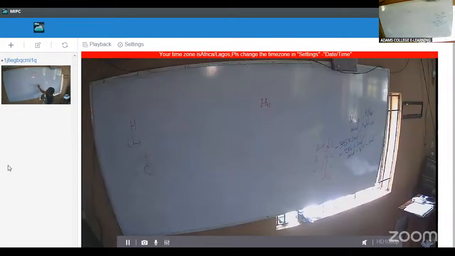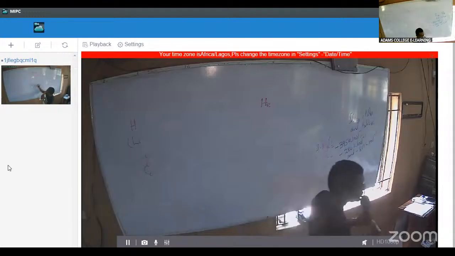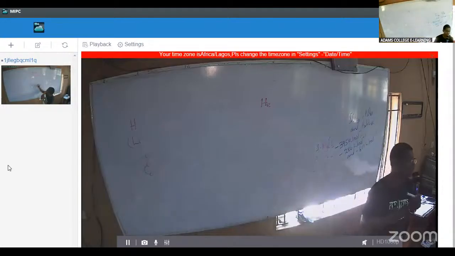Who can tell me why lithium will not want to go into ionic bond? What is closer to the nucleus? The outermost electron is closer to the nucleus, and the ionization energy will be very high.